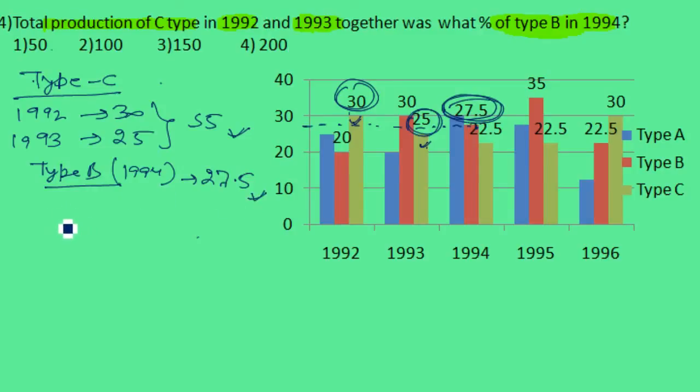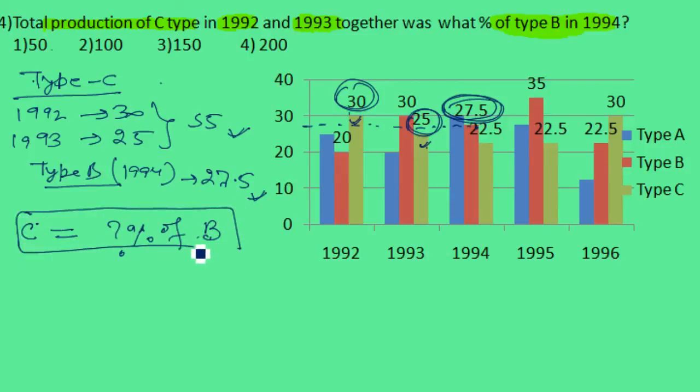So now the question is, total production of C type was what percent of B? The question was down to this. Now it's very simple.